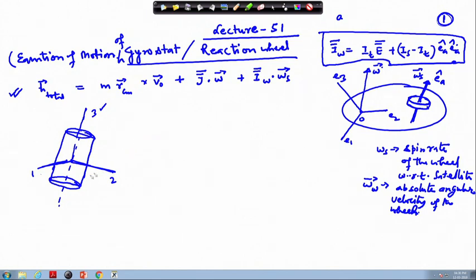So we can write I t as the inertia along this direction, I t along this direction, and I s as the inertia along this direction.